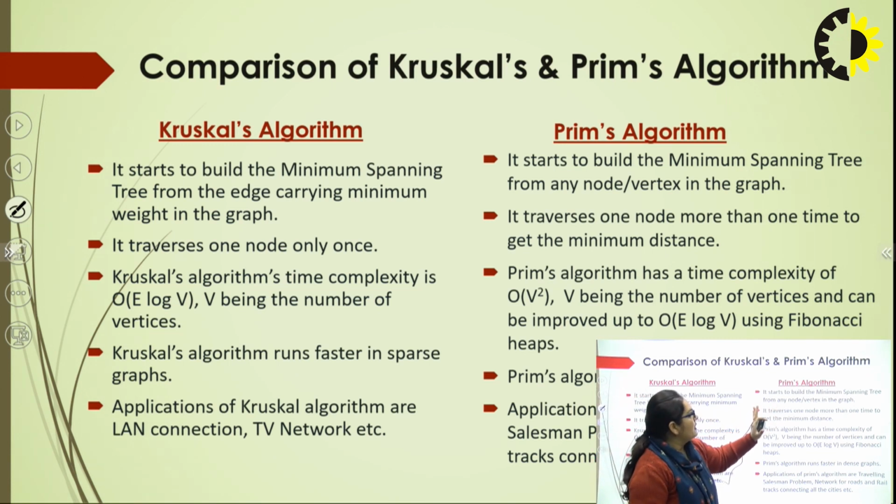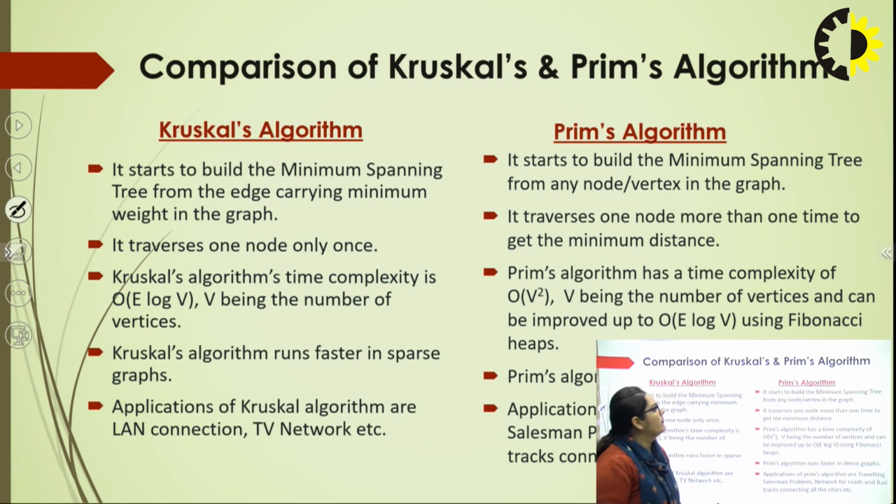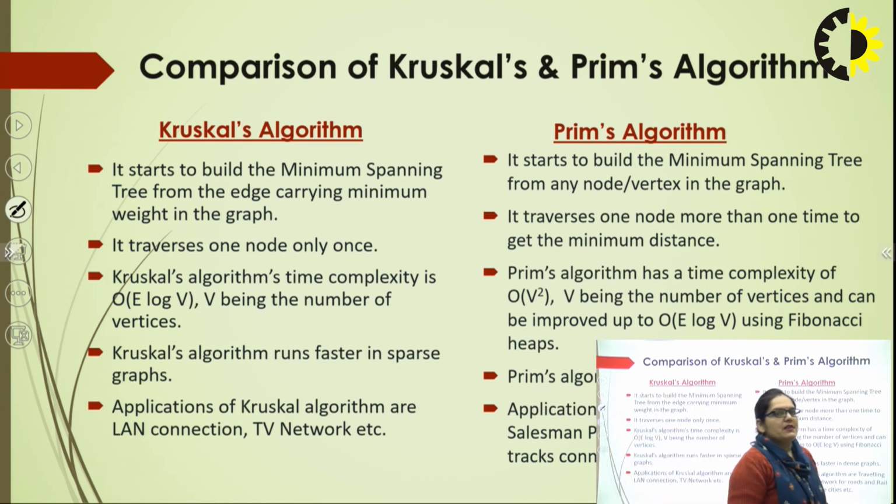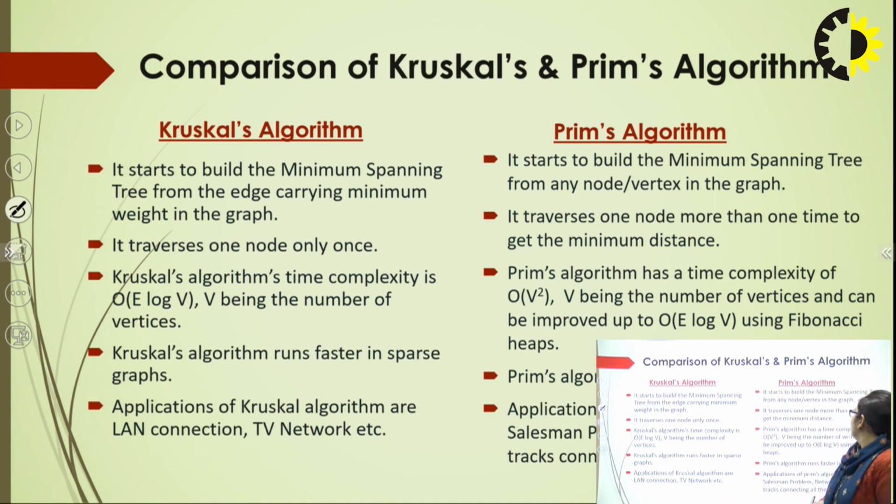But in Prim's algorithm, we start building the minimum cost spanning tree from any node or vertex of the graph. Kruskal's algorithm traverses each node only once, but Prim's algorithm traverses every node more than one time to get the minimum distance.